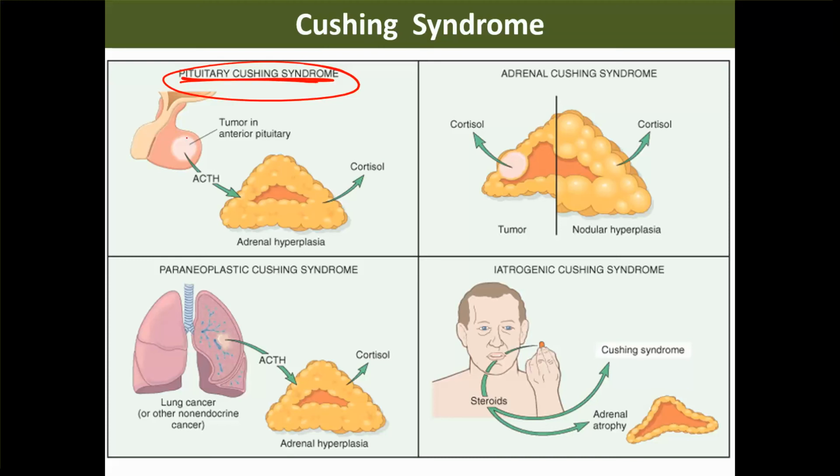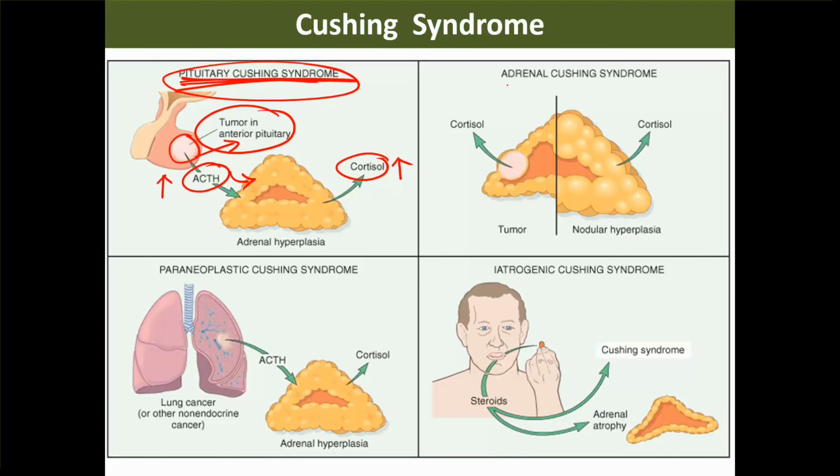Here the problem is in the pituitary. The pituitary gland has some tumor and is secreting ACTH, and that will stimulate the adrenal cortex to secrete cortisol. Understand? So here there is increased ACTH and increased cortisol. This is the case of pituitary Cushing syndrome.